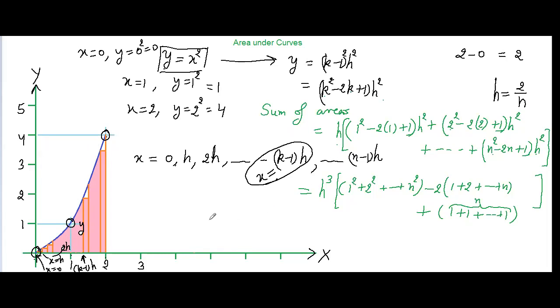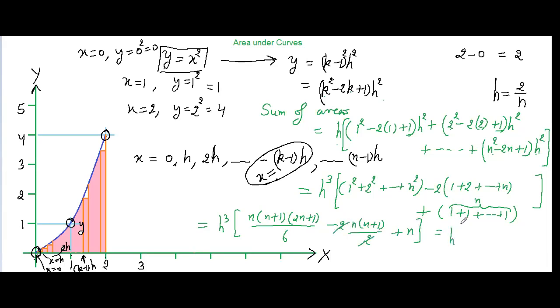We simplify it. This is equal to h cube multiplied by the sum of the squares. I gave the formula: n into (n plus 1) into (2n plus 1) divided by 6. Then minus 2 times the sum of the first n natural numbers. This is n into (n plus 1) by 2, you know. And the sum of 1, 1, 1 and so on n times is simply n. 2 cancels here.